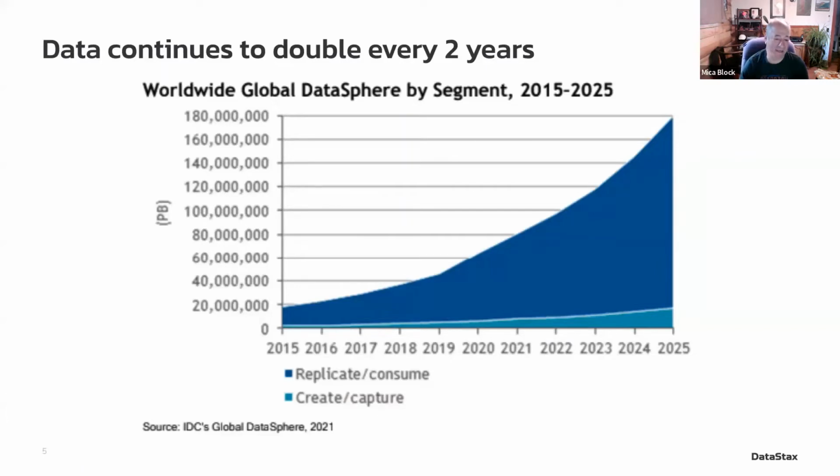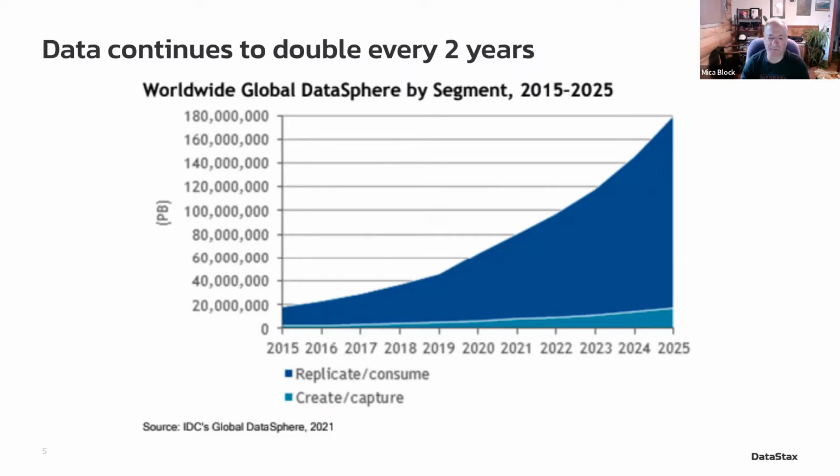That in itself has created greater challenges in the database world in general, but more specifically in DevOps. How do I, as a DevOps engineer, manage these databases? This is based on IDC's Global Sphere 2021, and obviously it's going to continue to grow.